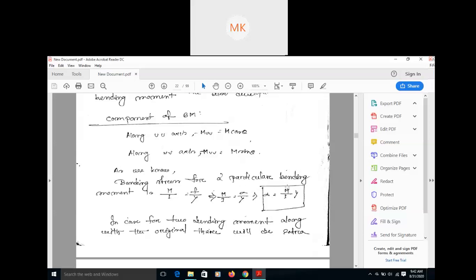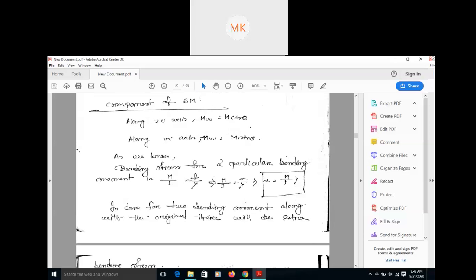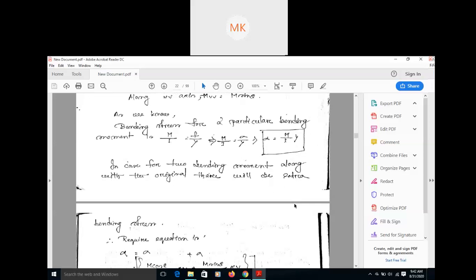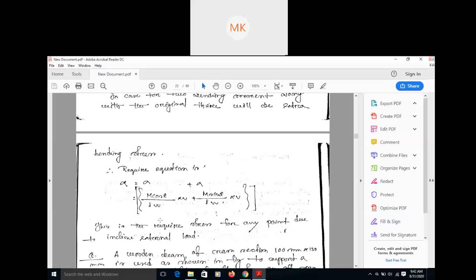After resolution, sigma is given by M by I into y. This is the simple formula. For the two bending moments there will be extra bending stress, so all of you need to remember this formula. This formula we are going to use.